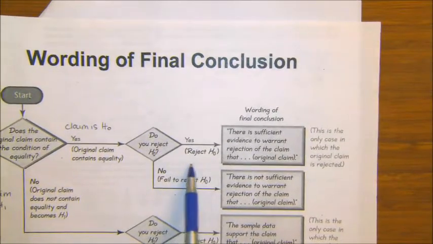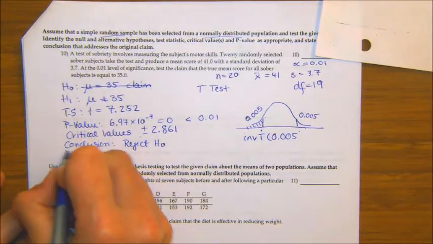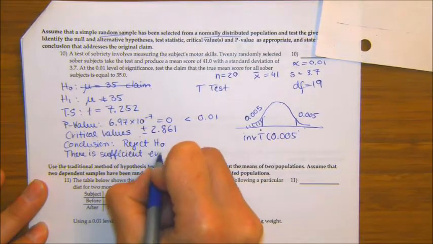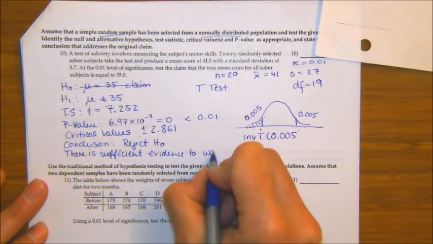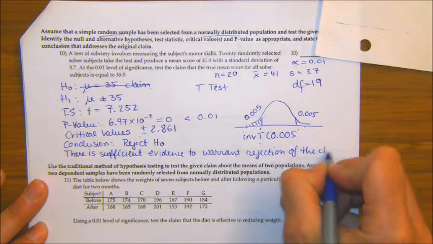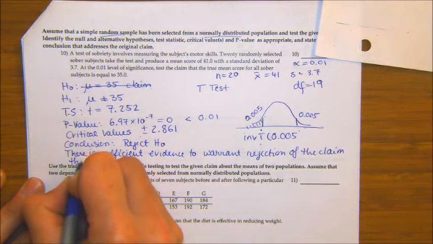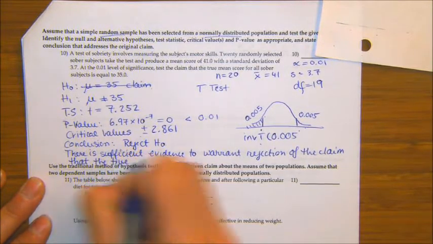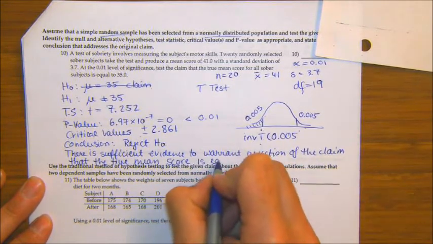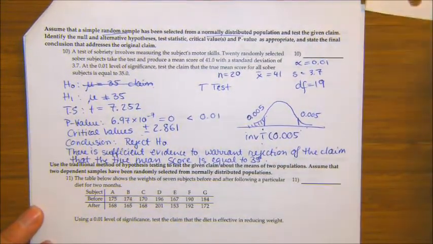So we are up here, which says there's sufficient evidence to warrant rejection of the claim that the true mean score for all sober subjects is equal to 35. Okay. That is number 10.